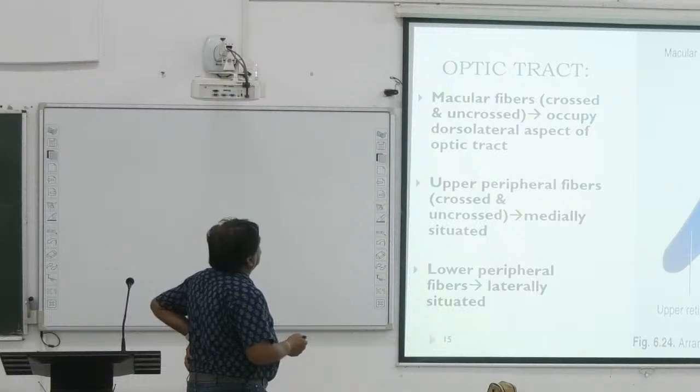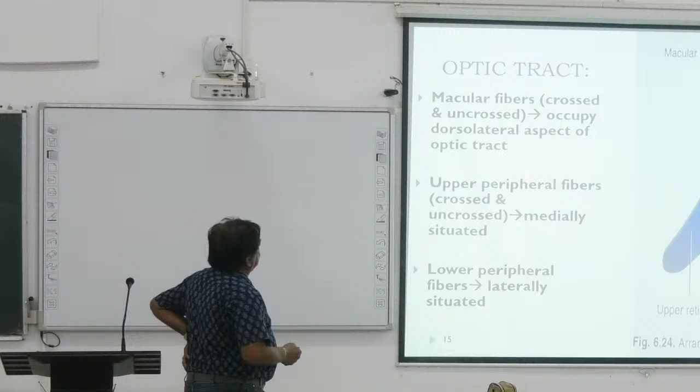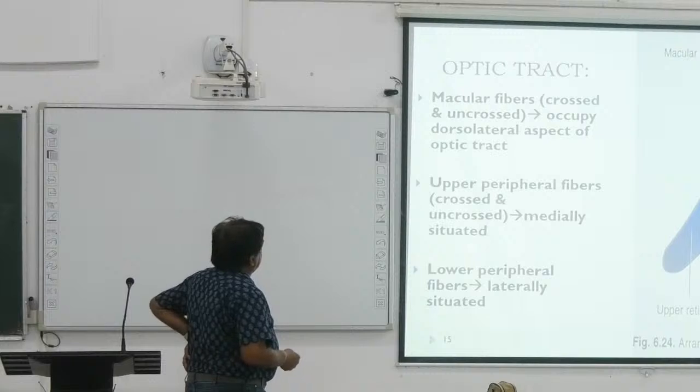These are the macular fibers. Upper peripheral fibers, crossed and uncrossed, are medially situated; upper retinal fibers and lower retinal fibers, lower peripheral fibers, are laterally situated.